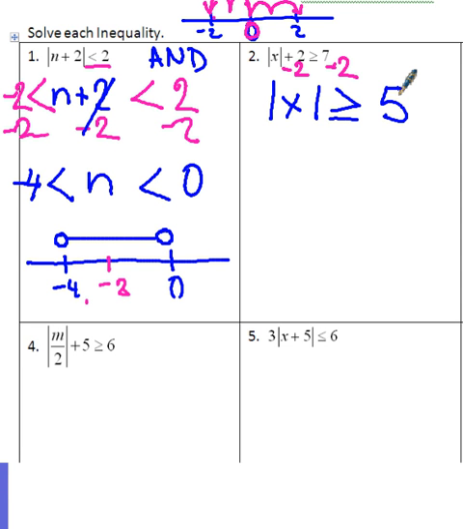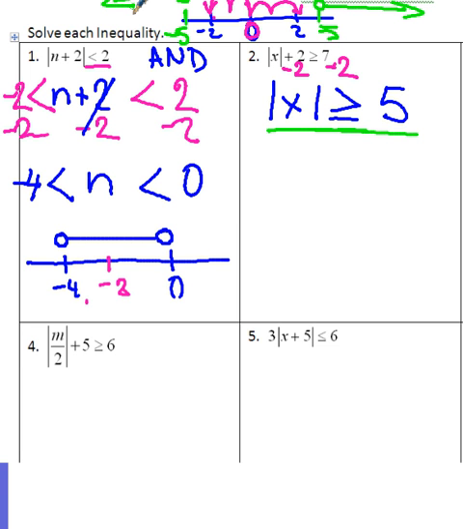If the absolute value is greater than a number, in this case 5, I will label it just randomly here. It's not in proportion, I know that. So if the absolute value, meaning distance from 0, is greater than 5, we will be going away in both directions, remember. So what does it tell me?